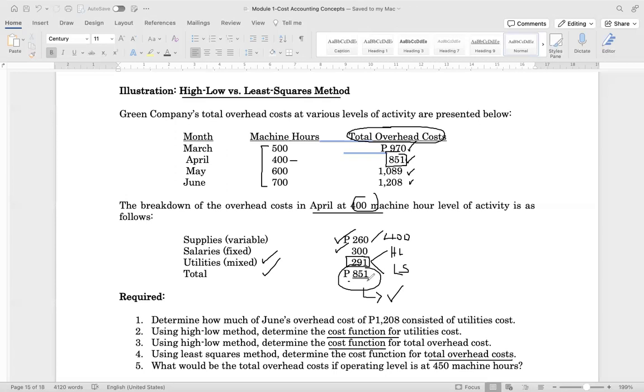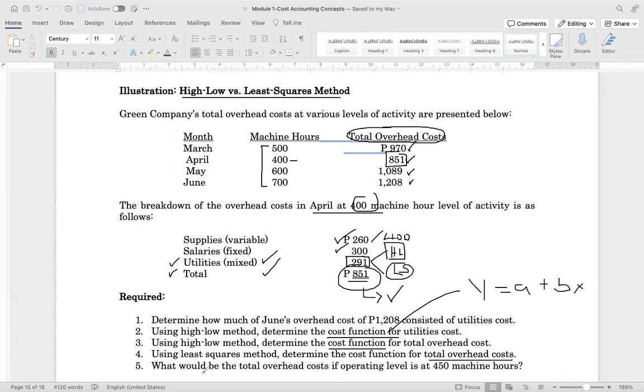So we apply the least square here on total overhead. While for high-low, the assumption now is either at utilities, where we segregate the variable and fixed portion of the mix, or in total. Definitely, we will be computing different cost functions. And as we have discussed, the cost function is y is equal to a plus bx.